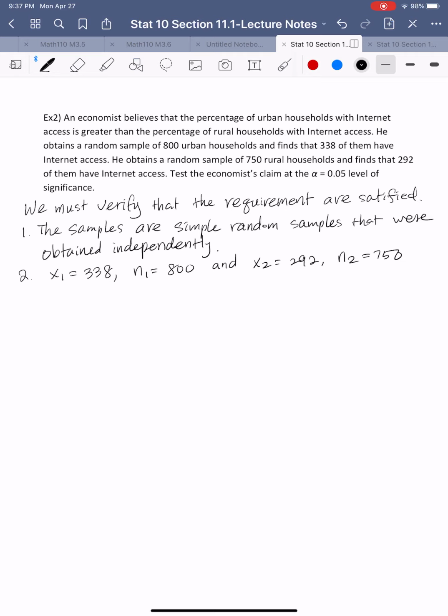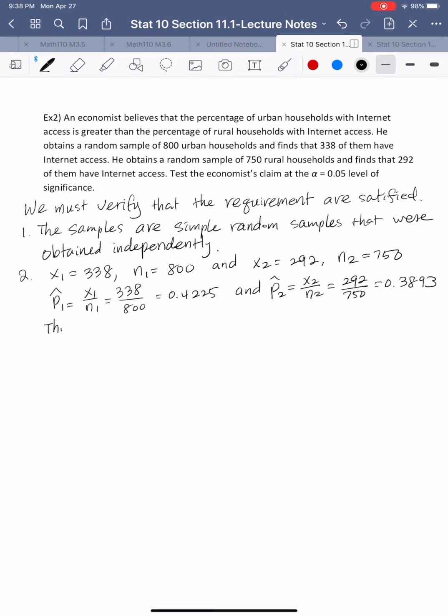Because of that, we can find p sub 1 hat, which is x sub 1 divided by n sub 1, which is 338 divided by 800, which is about 0.4225. And also we can find p sub 2 hat, which is x sub 2 over n sub 2, which is 292 divided by 750, and then we got about 0.3893.